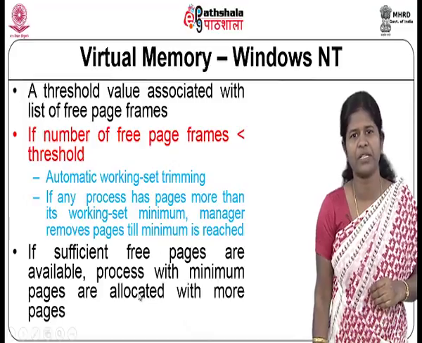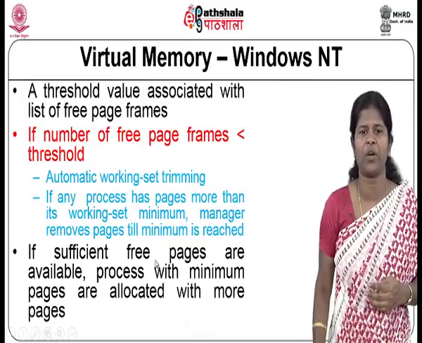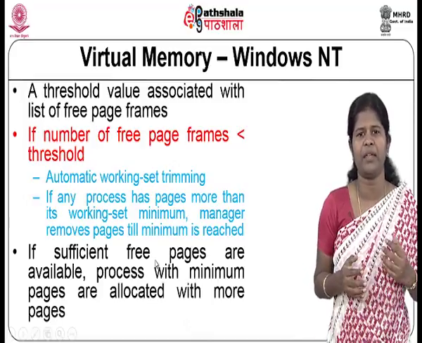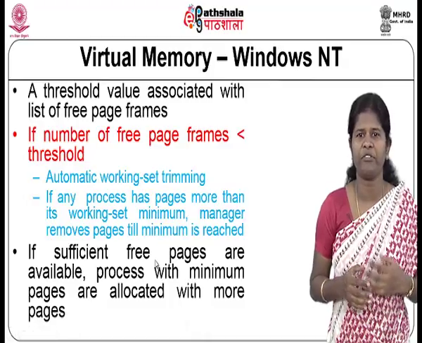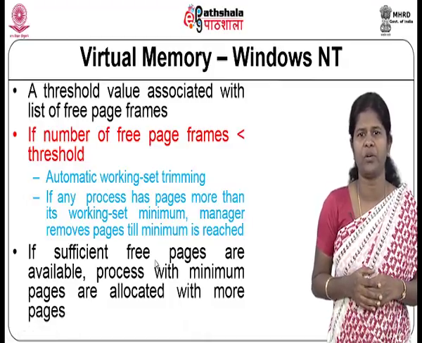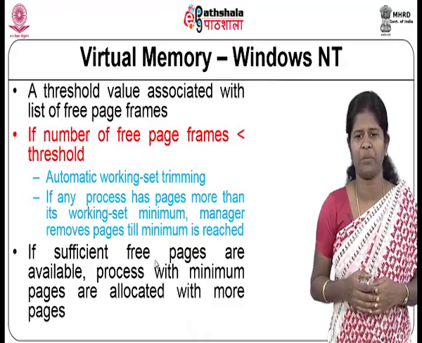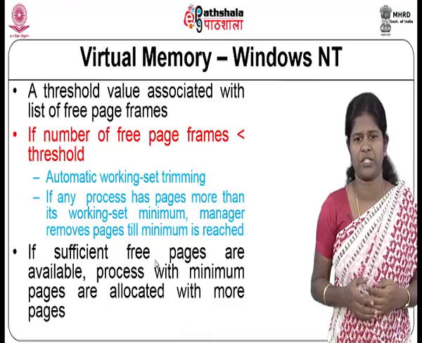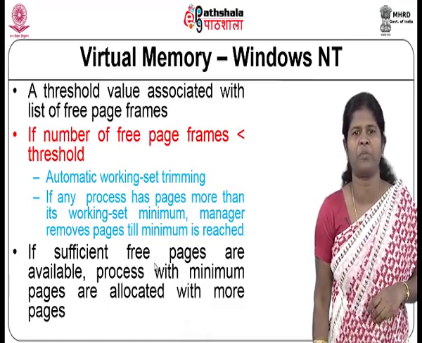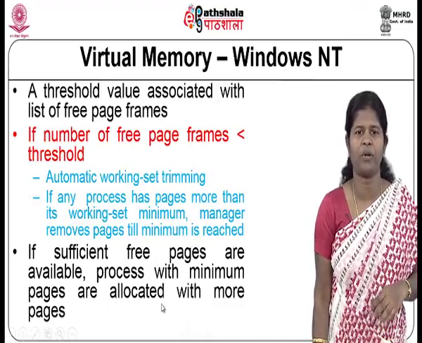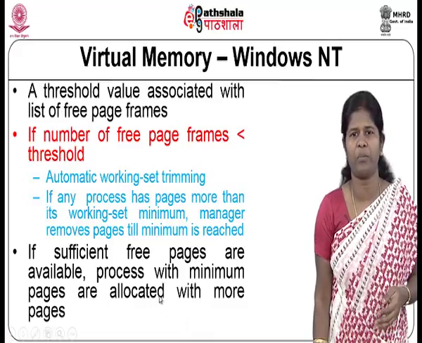And if sufficient free pages are available, say you have more free frames than the threshold value, then it is possible to give the processes in physical memory a few more pages. So, the process with the minimum number of pages can now be given more pages.